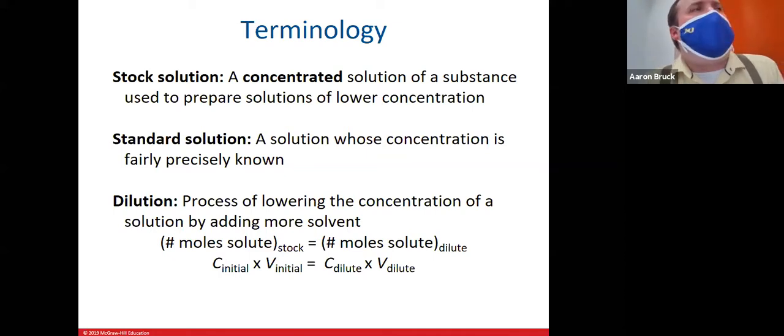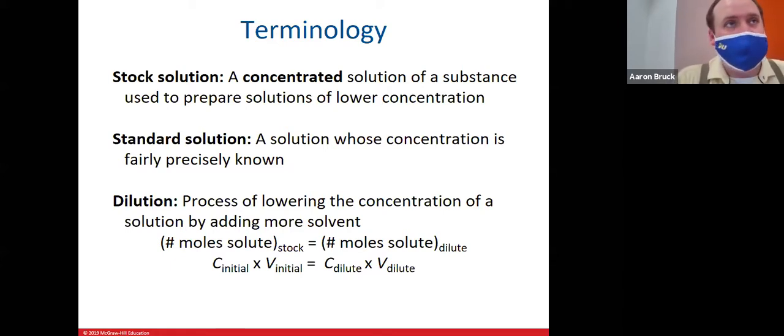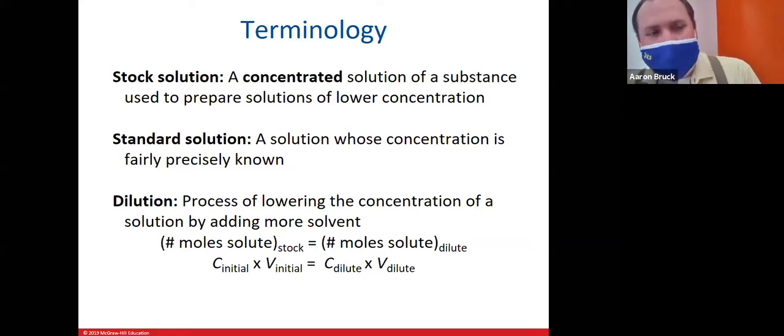This is different from what is called a standard solution. Standard solutions are solutions where we know their concentrations rather precisely. The two are not necessarily hand in hand.